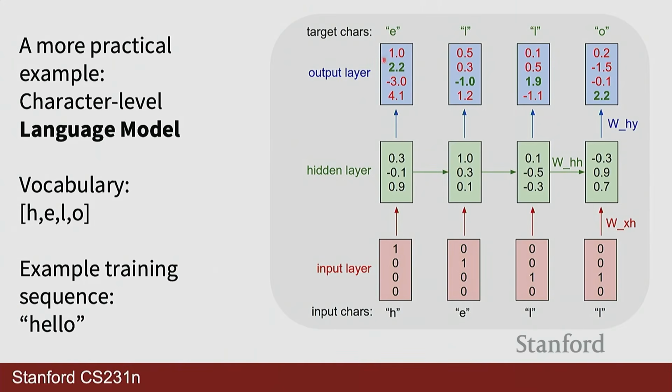You can imagine this is something like softmax, and we have the logits, so these are the scores. 2.2 is lower than 4.1, so this is maybe not so great of an output at this time step, and so on and so forth. So you can really view this as a time step wise classification problem. And that's exactly what, in general, these language models are doing: time step wise classification based on softmax.